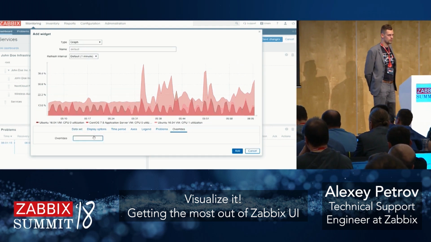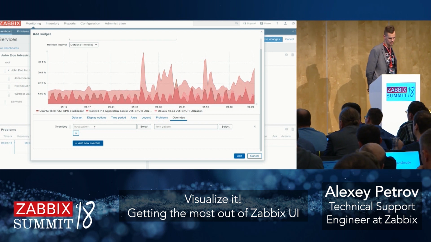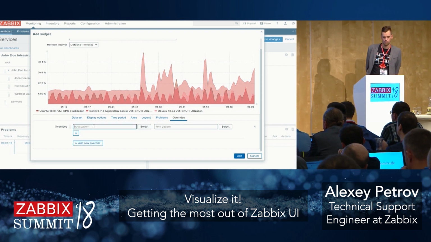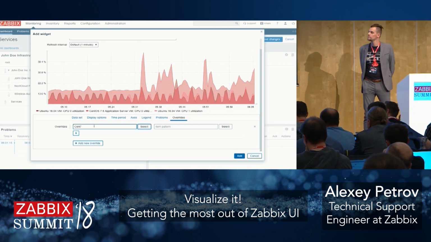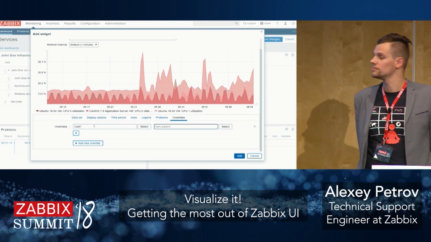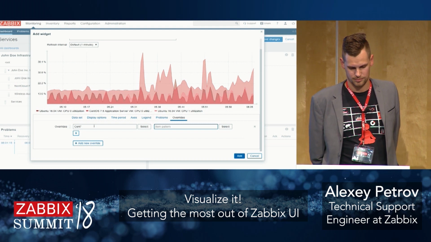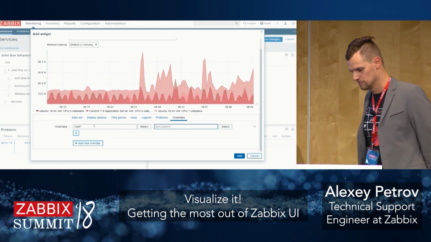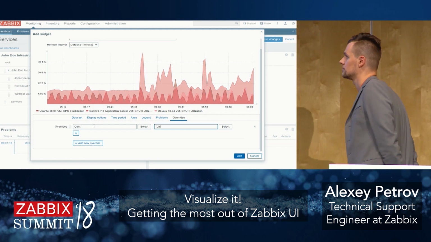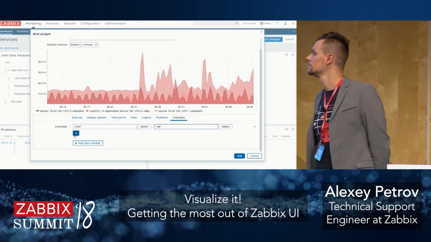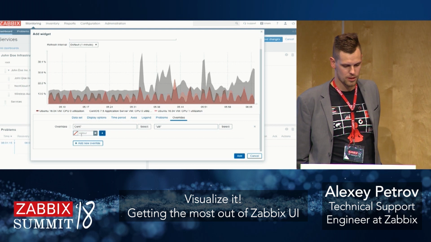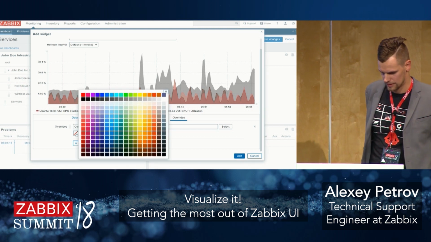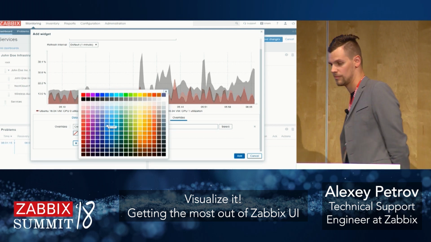I really like the overrides, so I will go there again, and I will place some overrides. Basically, I would like to change the color a little bit to make it blue.